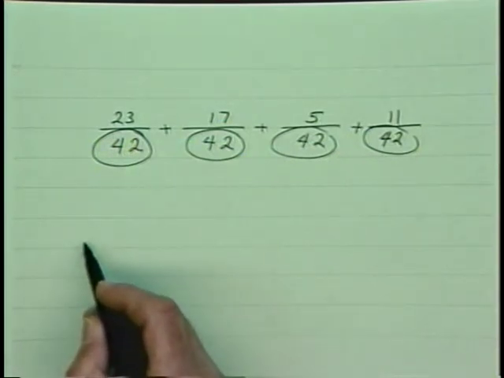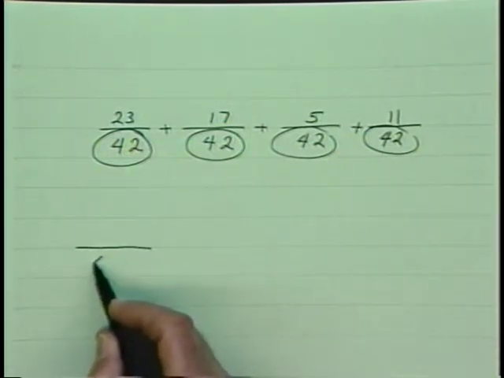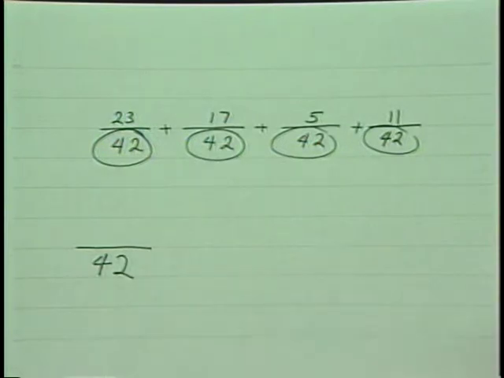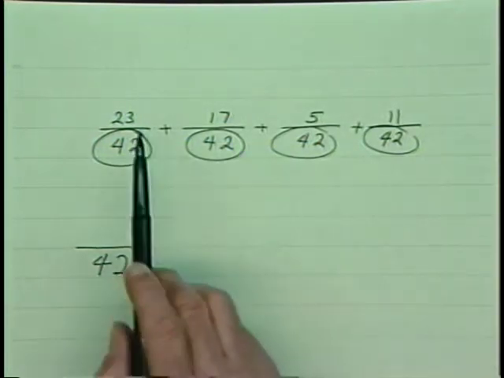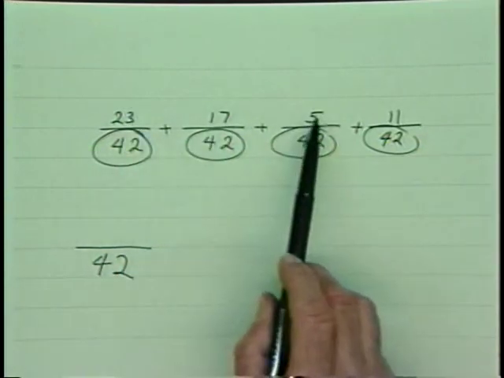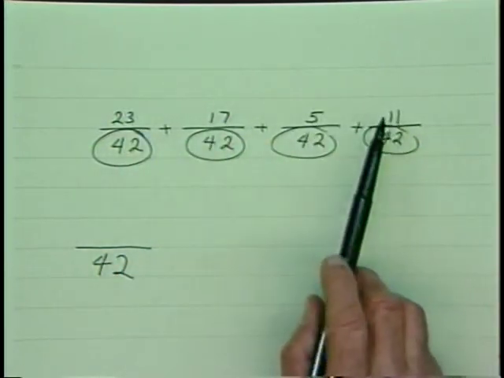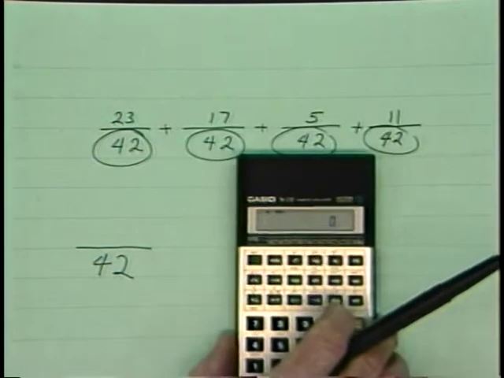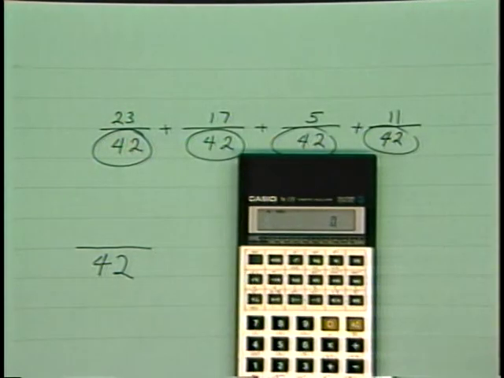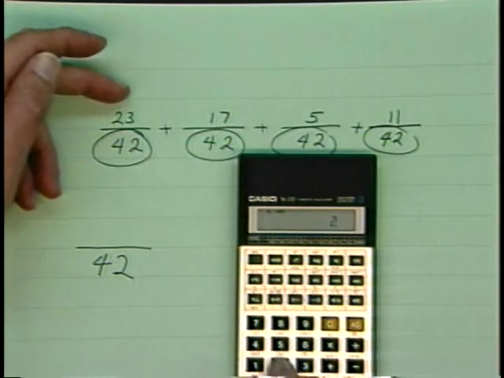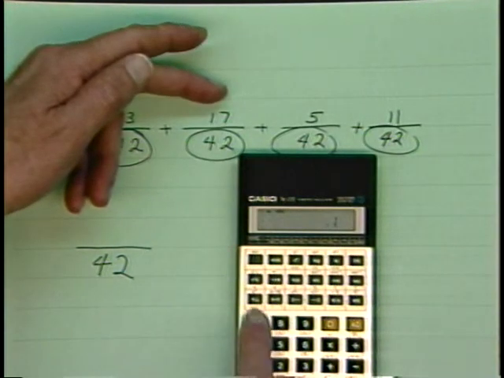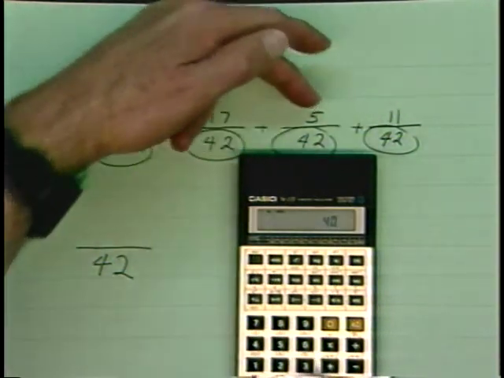If they are, then that becomes the denominator of the answer. Then we simply add the tops, either by hand or by calculator, depending upon your teacher's objectives in training you. So in this case, we'd have 23 plus 17 plus 16.